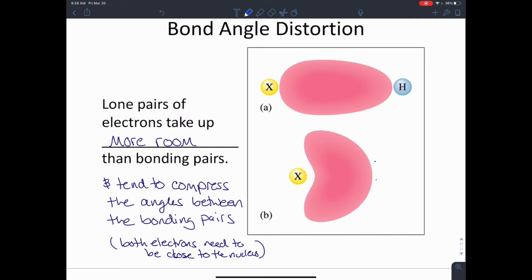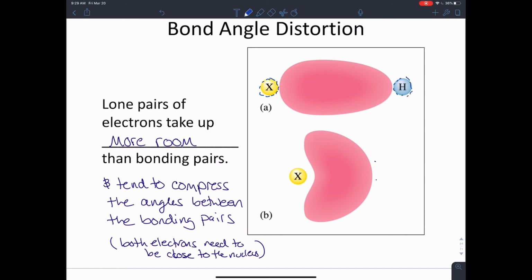So lone pairs of electrons take up slightly more space than bonding pairs. And they tend to compress the angles between the bonding pairs. So let's look at this diagram where we can see that. X is supposed to be, I believe, the central atom, and then hydrogen is some other atom.